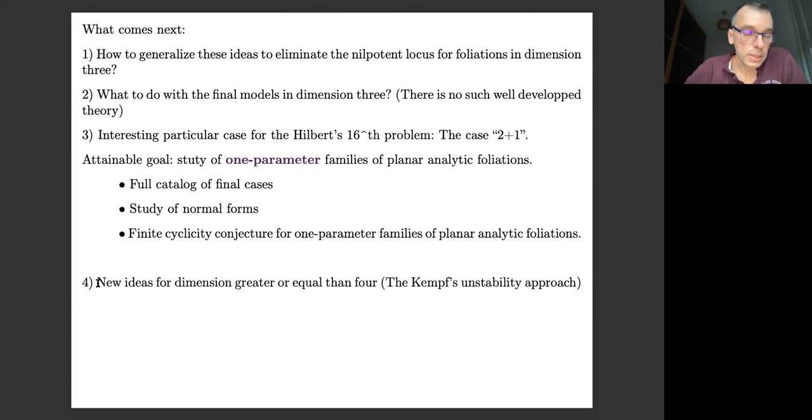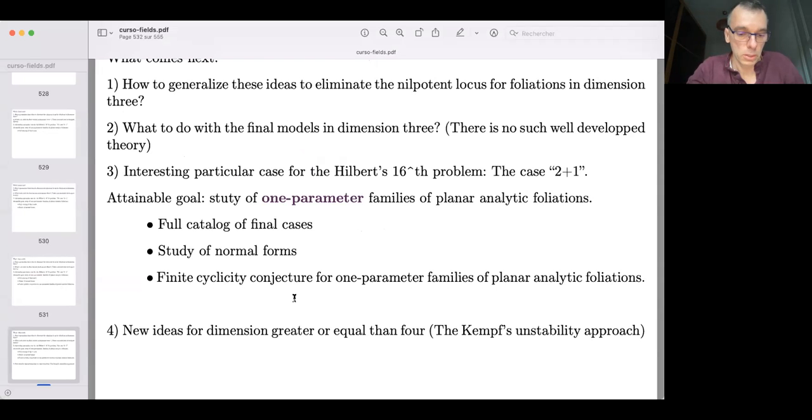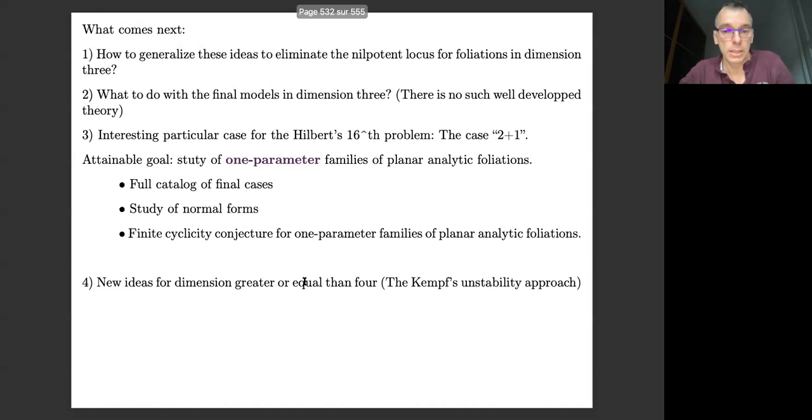And then I hope to talk to you about the case of dimension greater than or equal to 4. In this case, new ideas are needed. It's a work in progress, because the ideas that I explained to you now, which work in dimension 3, don't apply directly to dimension 4, because of some essential issues that I'm going to show you, which don't allow us to extend this to higher dimensions.